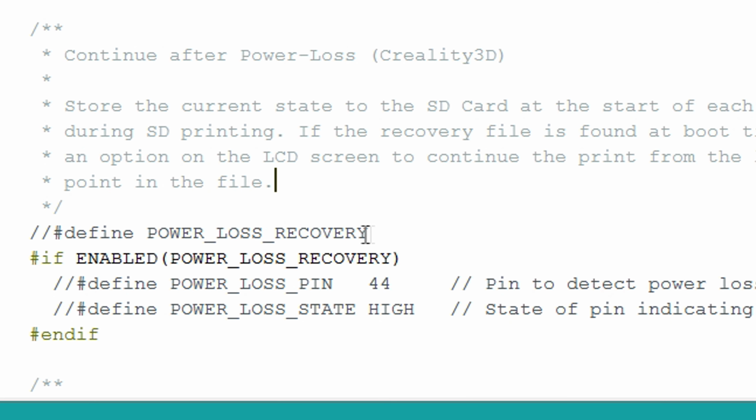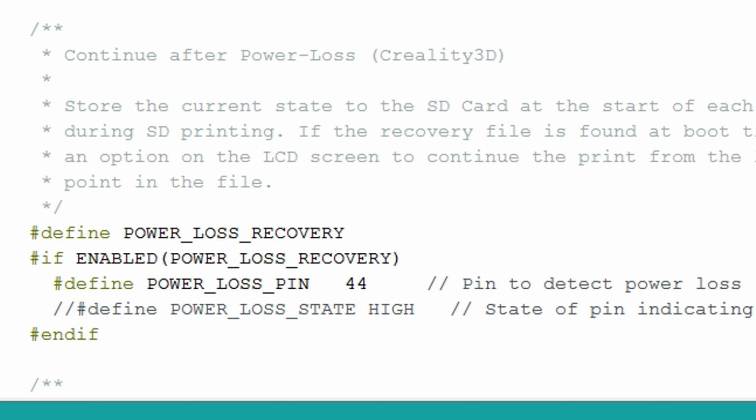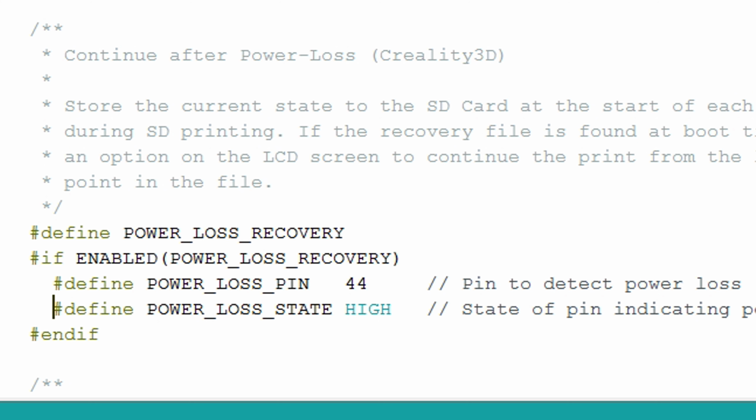So first of all, we need to remove the double comment lines. Those are for comments. When it's got those on, it's not going to do it. So if enabled, it's not going to do anything unless you also set these.